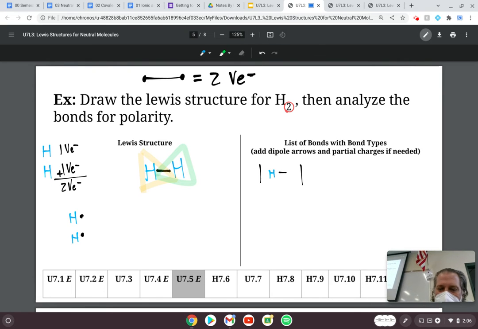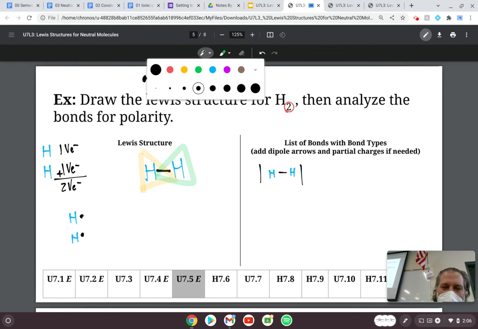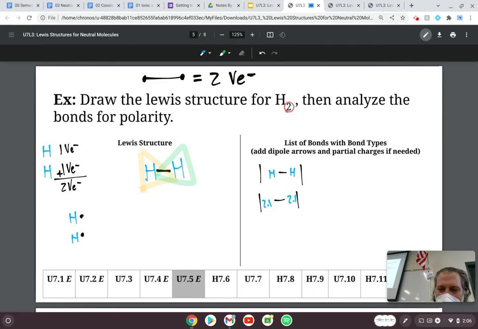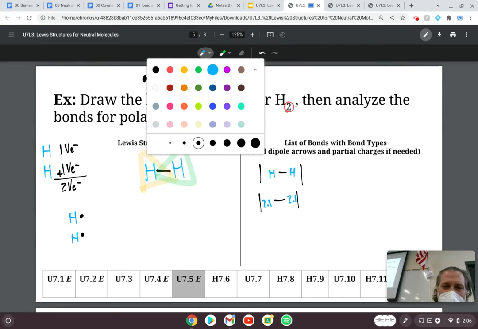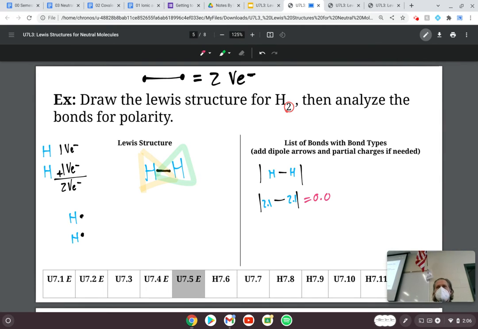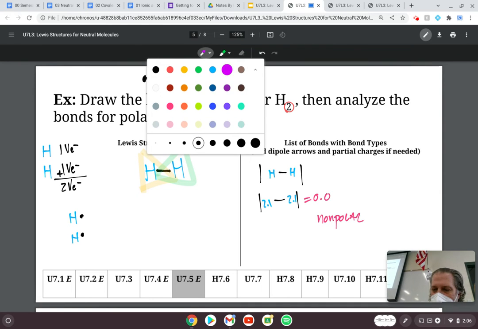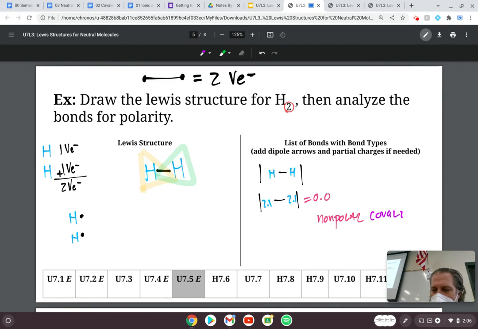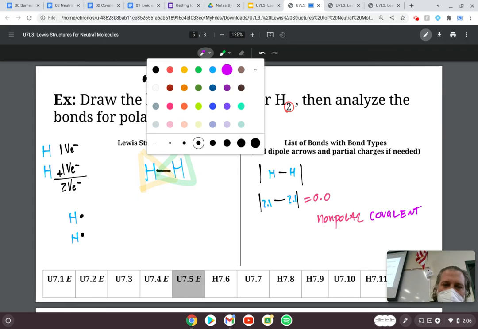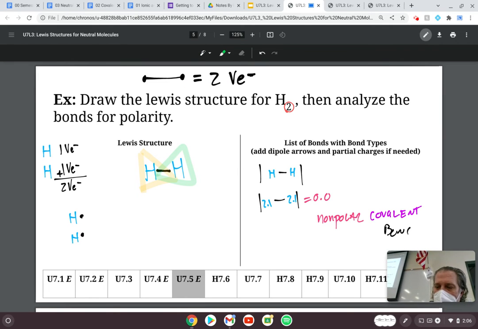So I know that I have a hydrogen and a hydrogen, and when I go to calculate the electronegativity difference, according to the periodic table, hydrogen's electronegativity is 2.1, so 2.1 minus 2.1 gives me an electronegativity difference of 0.0. 0.0 tells me it is a non-polar covalent bond.